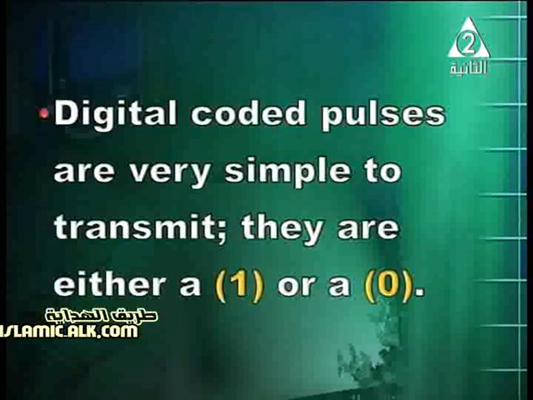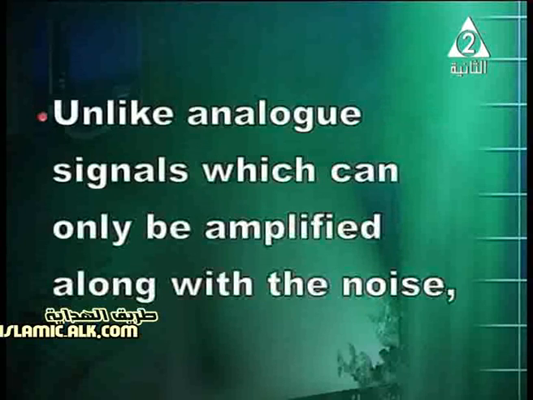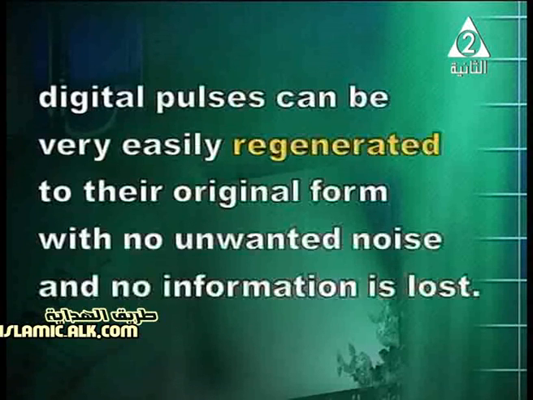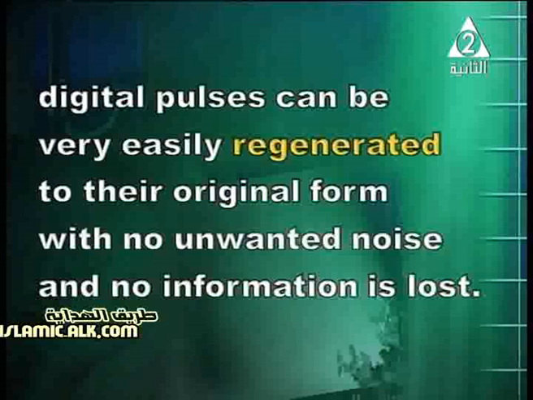They are either a 1 or a 0, high voltage or low voltage, unlike analog signals, which can only be amplified along with the noises. Digital pulses can be very easily regenerated to their original form with no unwanted noise and no information lost.